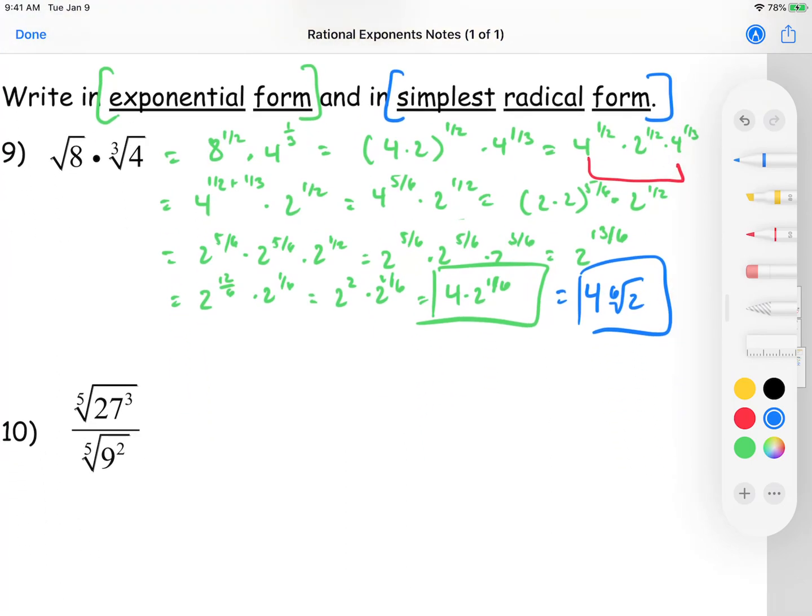So if we're doing number 10, okay, again, we're going to try and write this in exponential form. So this is the same thing as 27 to the 3/5 over 9 to the 2/5. Okay.